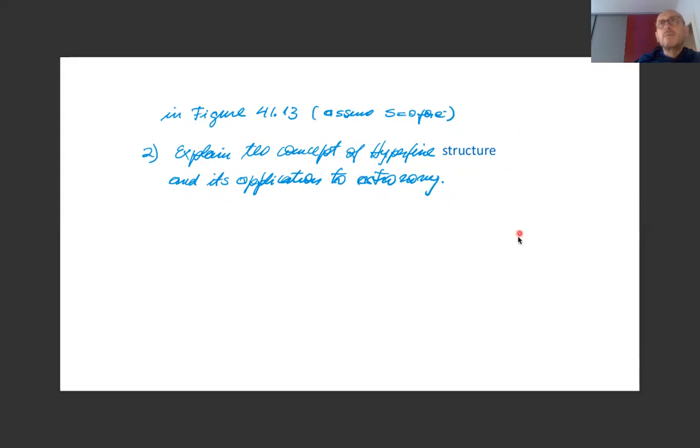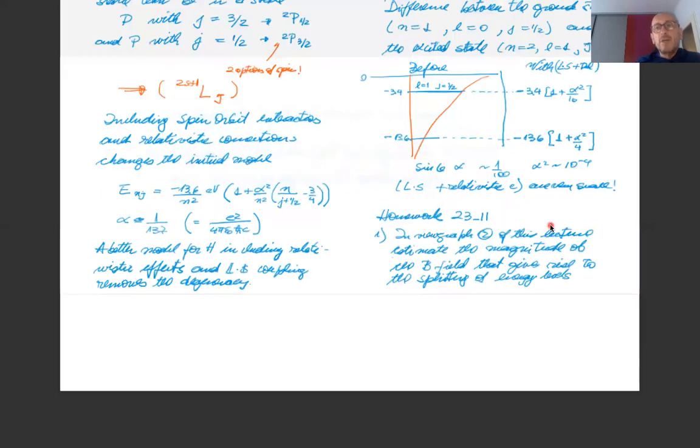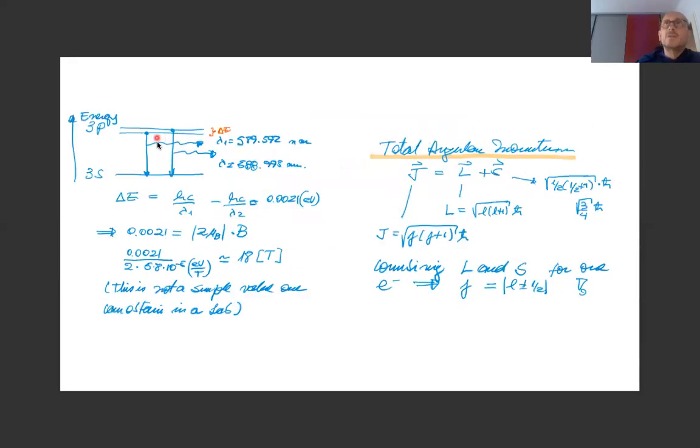What we have just described here is the fine structure, due to the splitting of the levels due to the L.S interaction. But there's something that involves the nucleus. You have to explain to me in a few sentences, read about it, it's direct. It's the same thing that I've been telling you. All right, perfect.